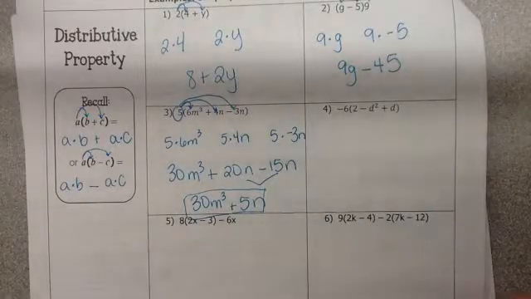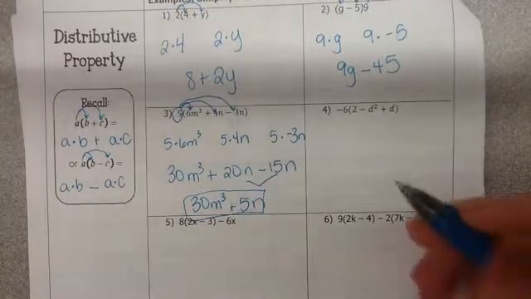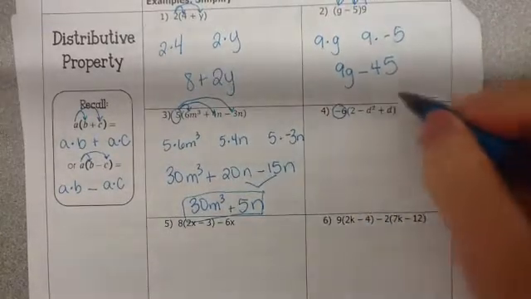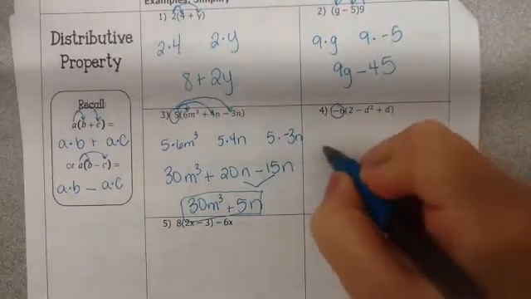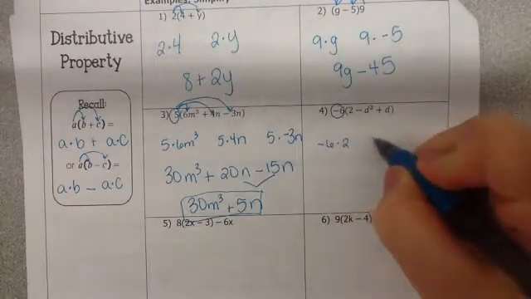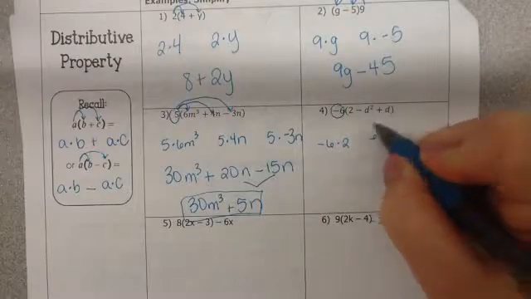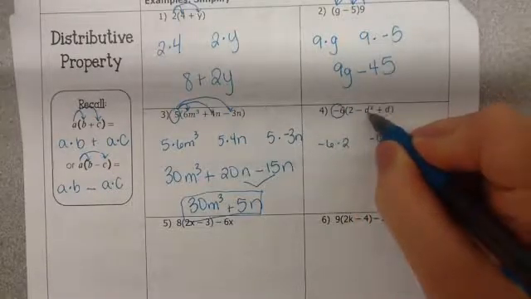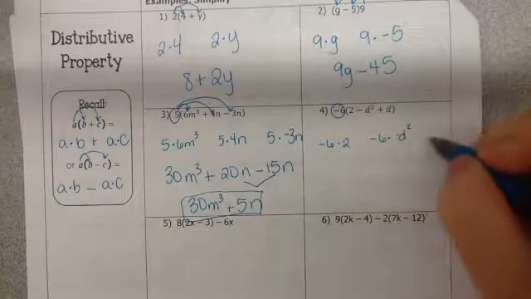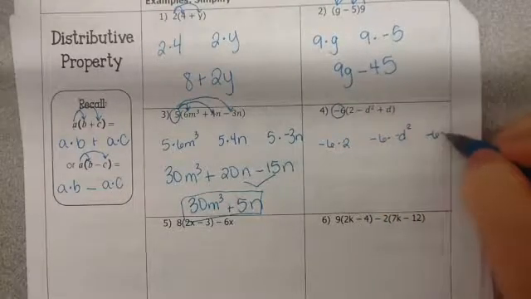Let's see how you did. What did you distribute in number 4? A negative 6. So we will have negative 6 times 2. Negative 6 times negative d squared. Be careful there. And negative 6 times d.